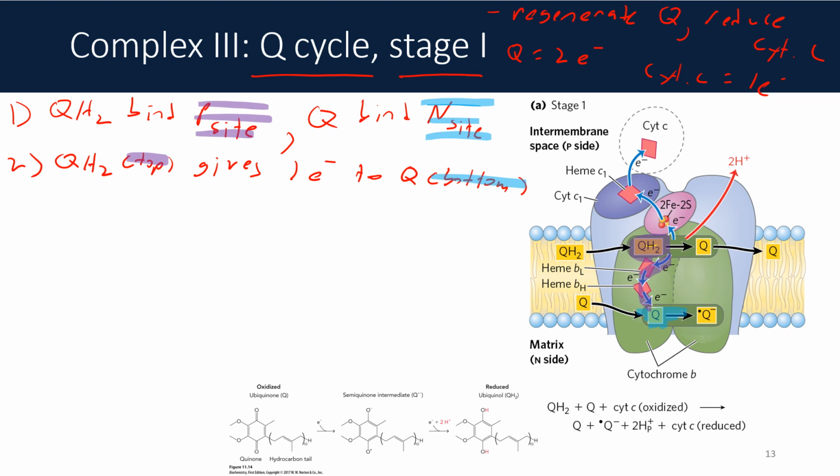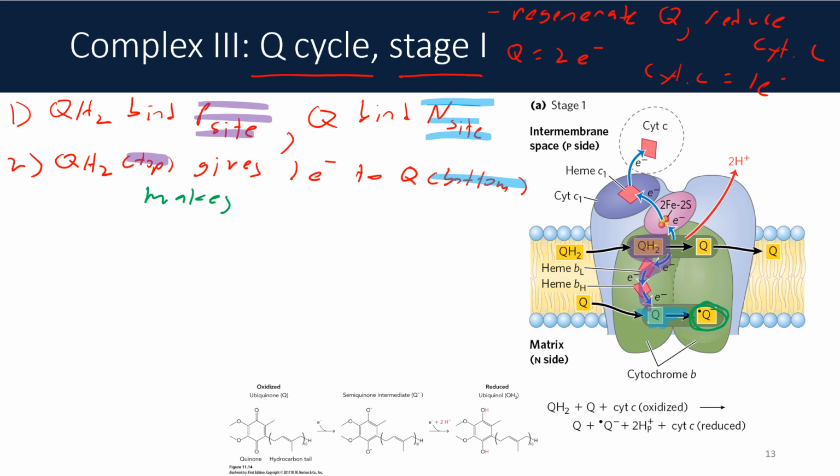Giving 1 electron to Q converts it into semiquinone, Q minus dot. And I'll give that a green circle. But that's not all.